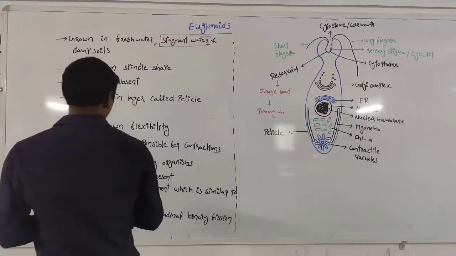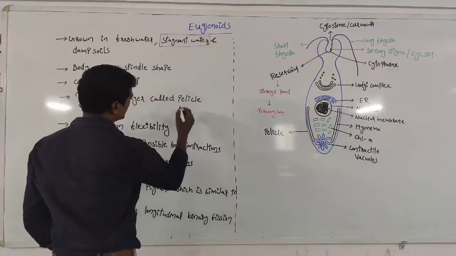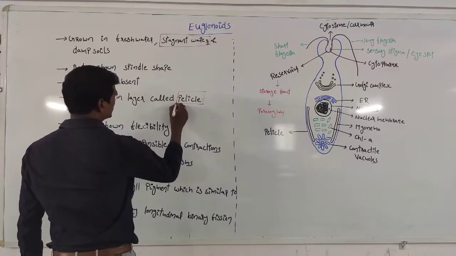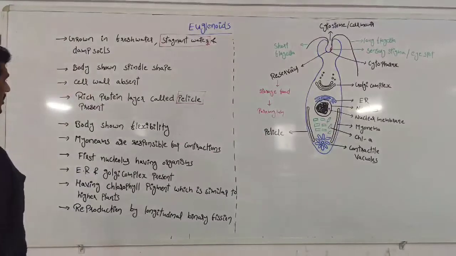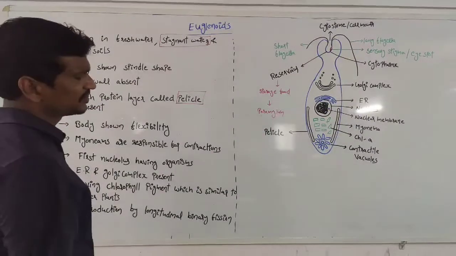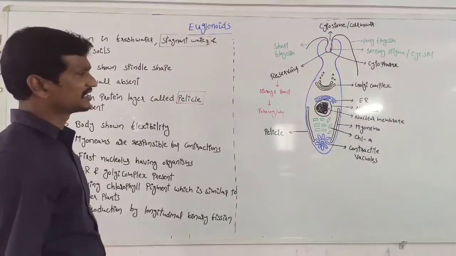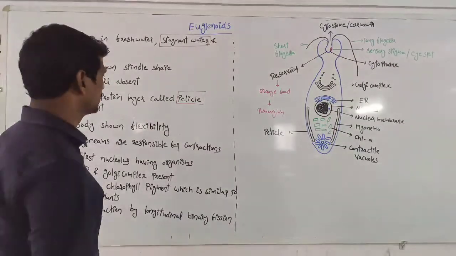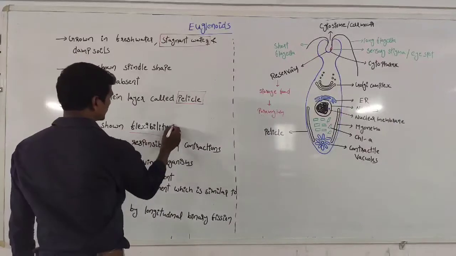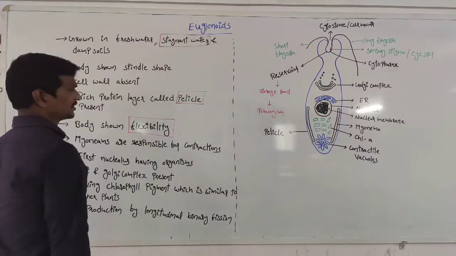So in these organisms the cell wall is replaced by a protein-rich layer called the pellicle, and because of the pellicle, these organisms show flexibility.